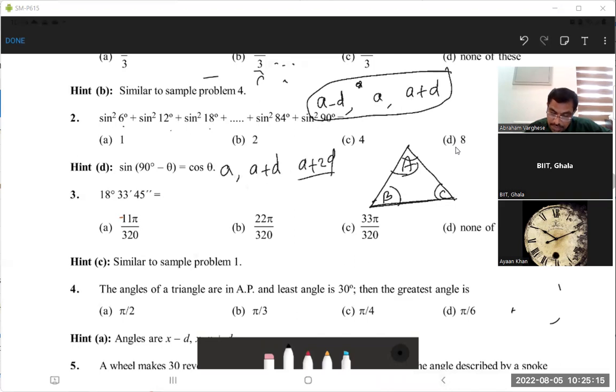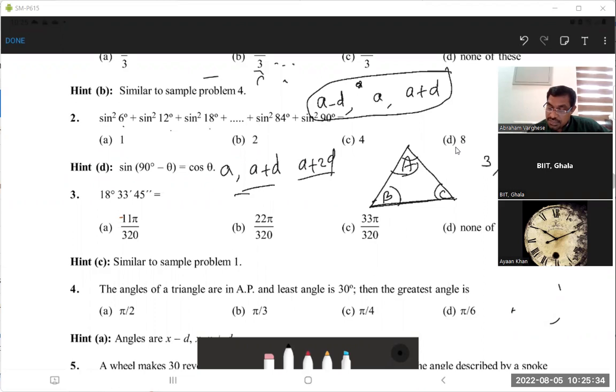What is arithmetic progression? The difference between two consecutive terms is d, the same, a constant, then we say it is arithmetic progression.